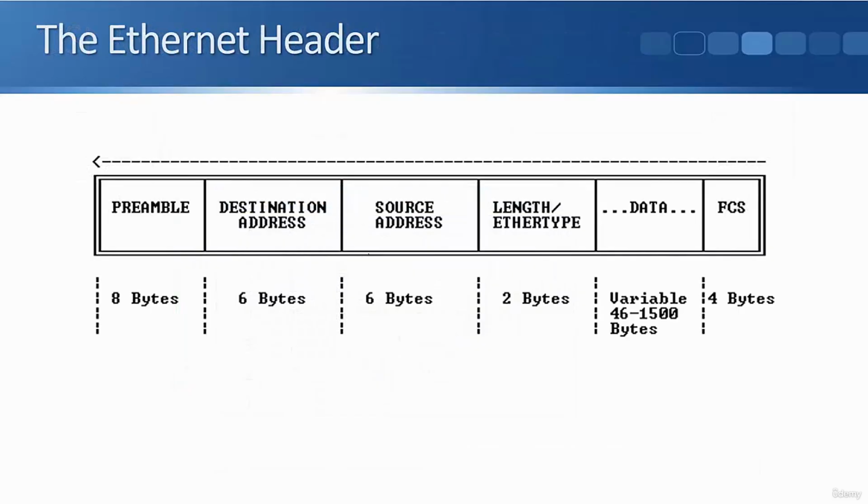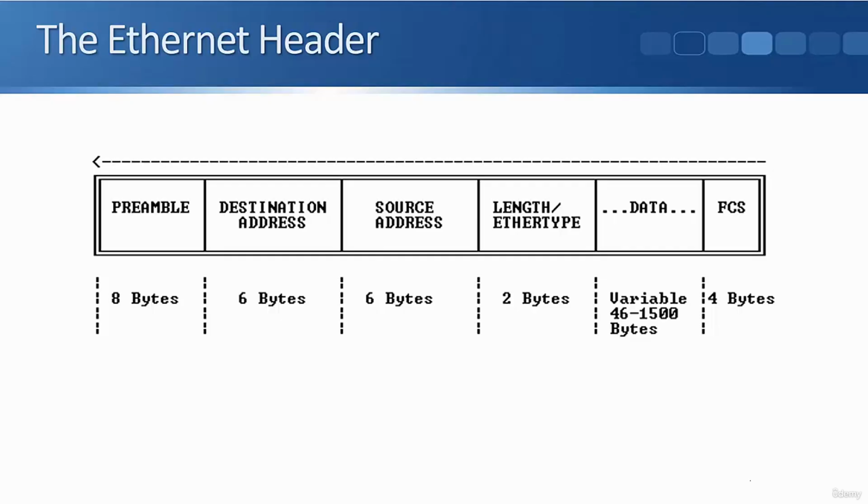Moving on, let's look at that layer 2 Ethernet header, if it is Ethernet that we're using as our layer 2 protocol. So at the start of the header, we've got the preamble. That's used to help the sender and the receiver to synchronize. We then have the layer 2 destination and source address. That's the MAC address when we're using Ethernet.